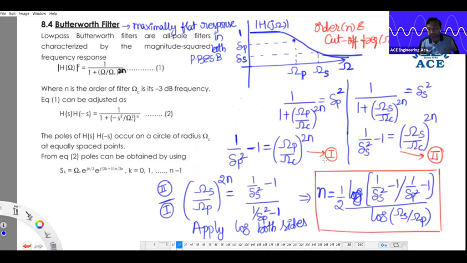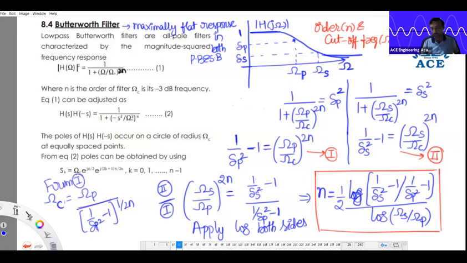How to get Ωc? We should get order and cutoff. What is Ωc from equation 1? Everyone see here, see the cursor. If I take 2n to this side, it becomes whole power 1 by 2n. So Ωc equals Ωp divided by (1 by δp squared minus 1) whole power 1 by 2n, from equation 1.